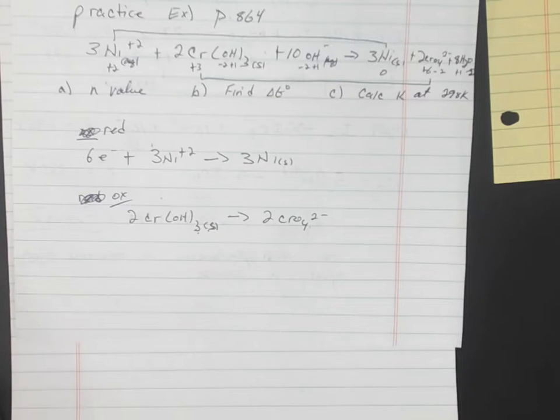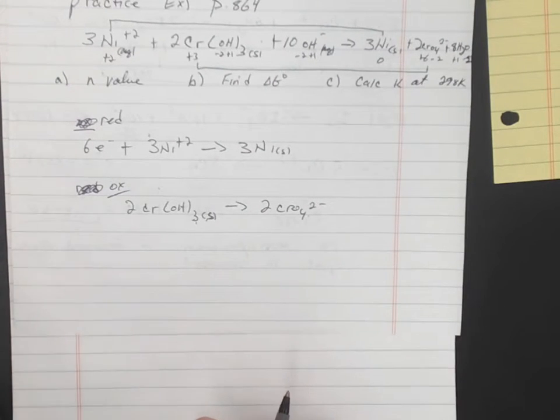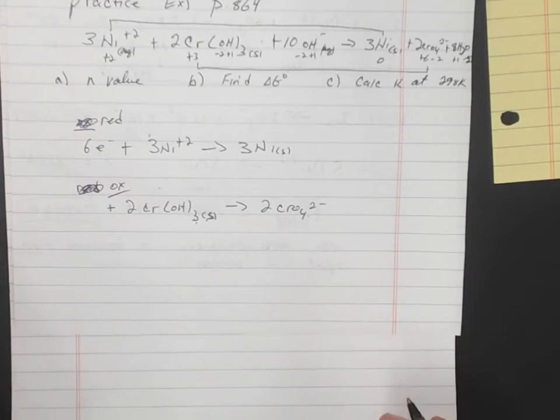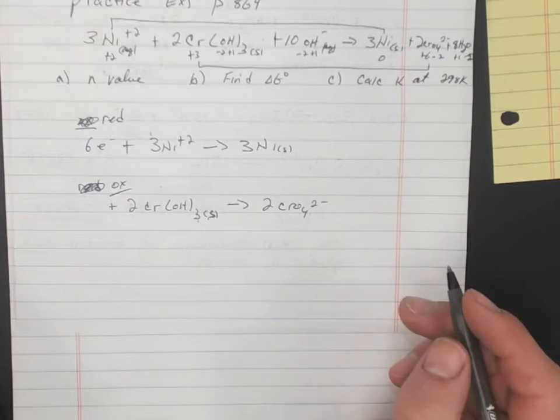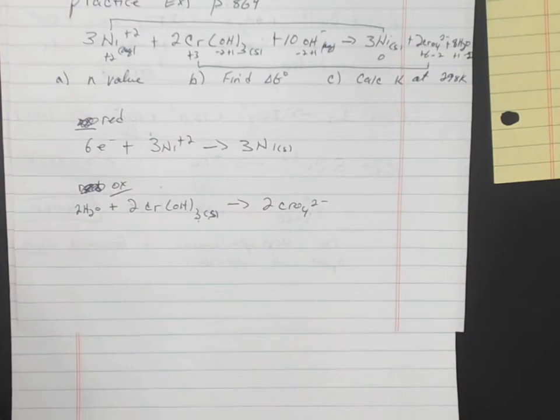How much and where? We're 2 oxygens short, so we need 2 water molecules added to the left. So 2 H₂O goes on the left.